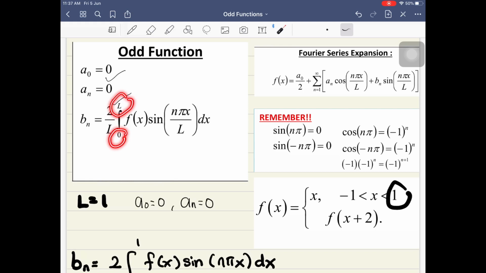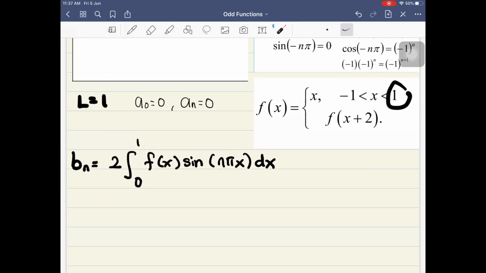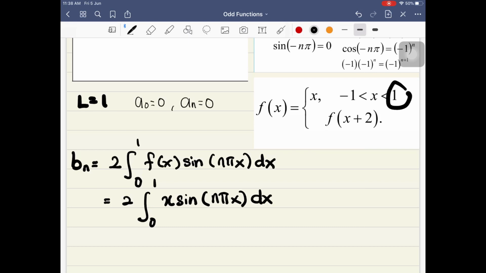Your upper limit here will be your L. So in this case, your L is equal to 1 because you just have one function. So you can directly take this one. Therefore you will have 2 integrate 0 to 1 x sine n pi x dx.